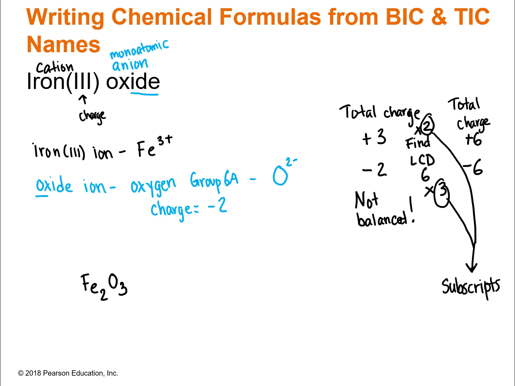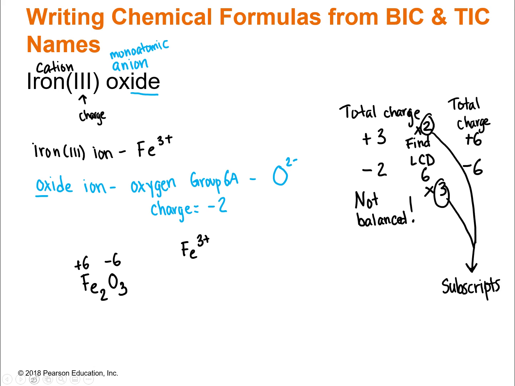So you have to have 2 iron 3 ions and 3 oxide ions to have a total neutral charge, the +6 and -6. Now there's another way to do that, which does this method, but without actually walking through finding what the lowest common denominator is.